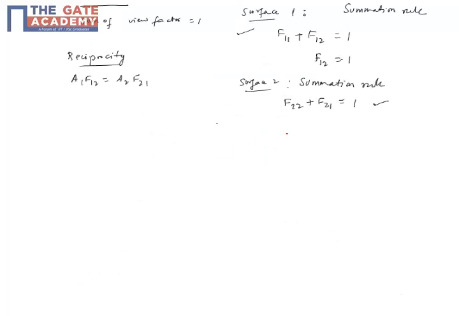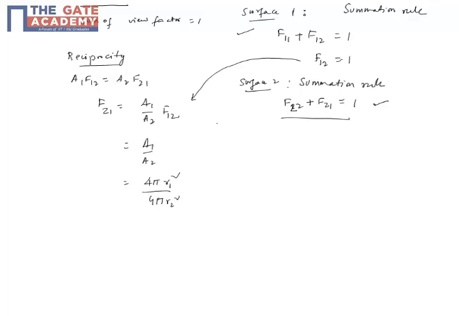F21 from this equation is A1 by A2 times F12, and F12 we got as 1, so it's basically A1 by A2. A1, the surface area of a sphere, is 4 pi r square. So 4 pi r1 square by 4 pi r2 square. So basically r1 square by r2 square is my F21.